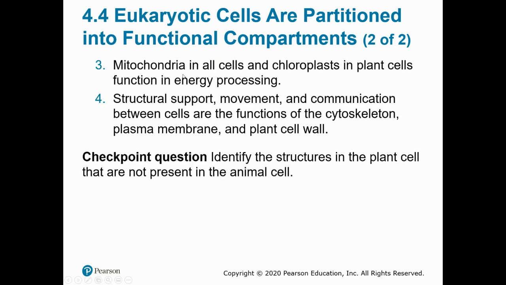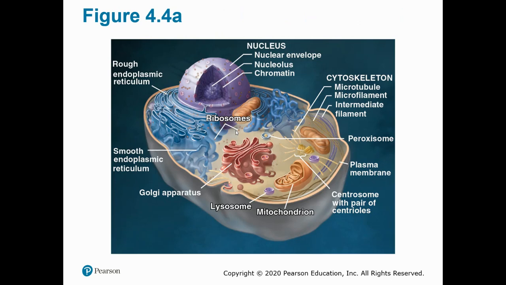Then, and we're going to talk about these some more, specifically mitochondria, in all cells, including plant cells, and chloroplasts that are specifically in plant cells. And then we have structural support components that have to do with movement, communication between cells, and those kinds of things.